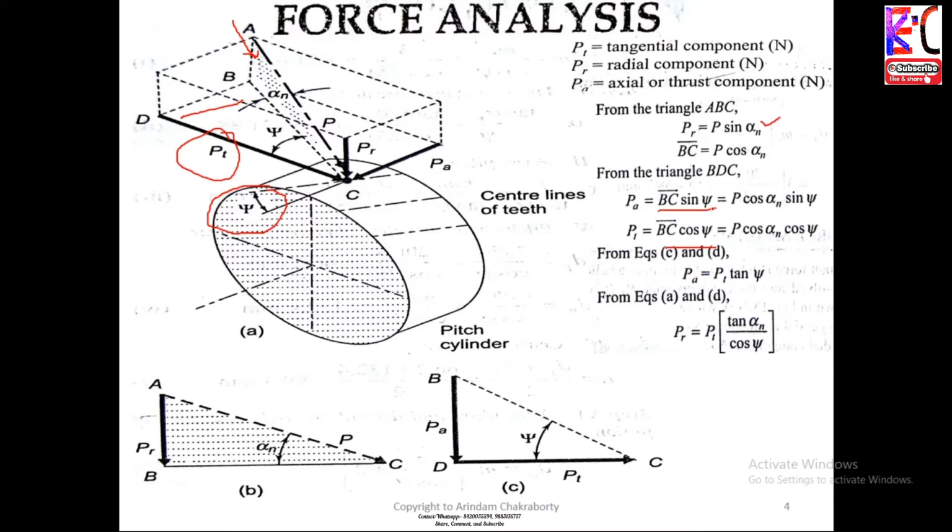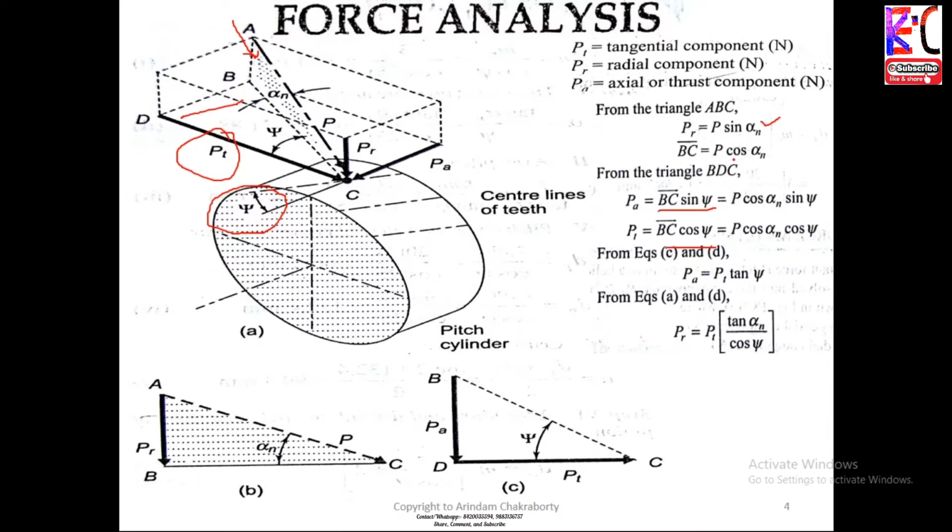To understand what BC is, let us go back to some of the geometric relations. BC is equal to P cos alpha.